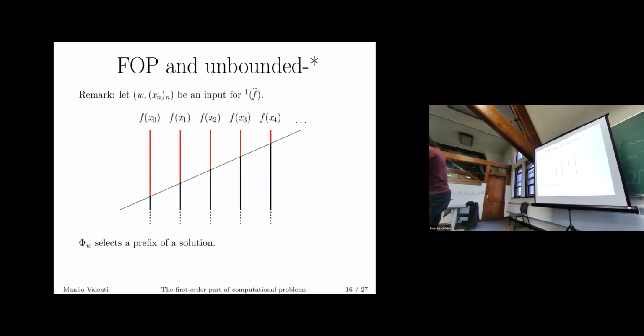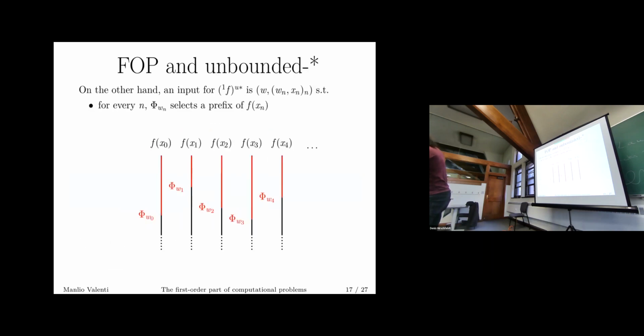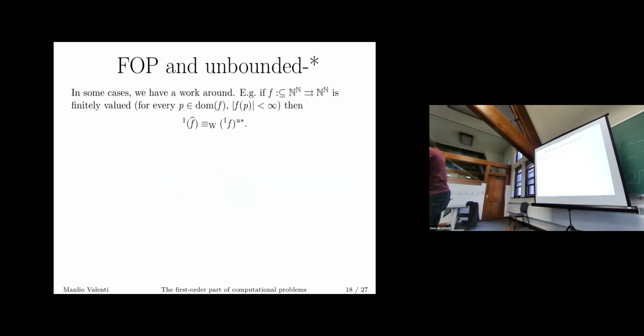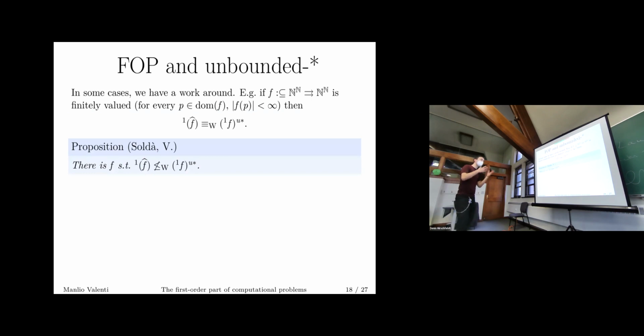However, I'm not going to go through that. Let me just skip this, okay? But let me go to the end, right? In some cases, you can work around it and have a result like this, even for F which is not first order. So some sort of commutativity with the first order part, even for F that are not first order. One example that I mentioned is the case where F is finitely valued.